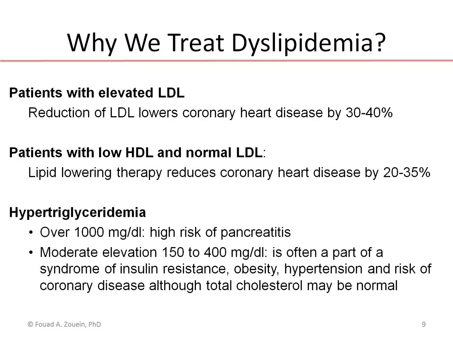If this patient is a smoker, if he has hypertension, if he has type 2 diabetes or any type of metabolic syndrome and insulin resistance, and is overweight or obese, all these risk factors increase the risk of coronary artery disease development.